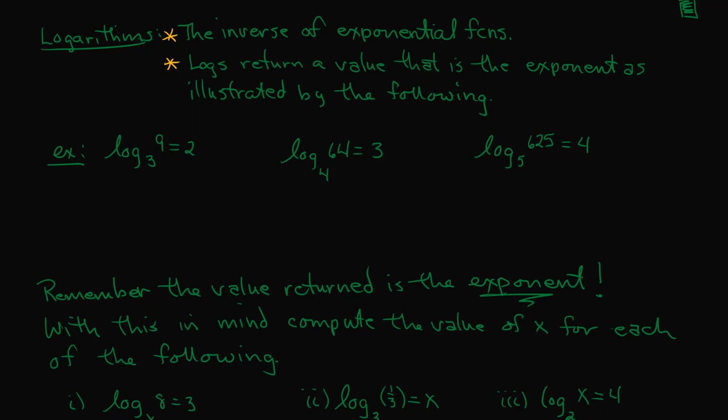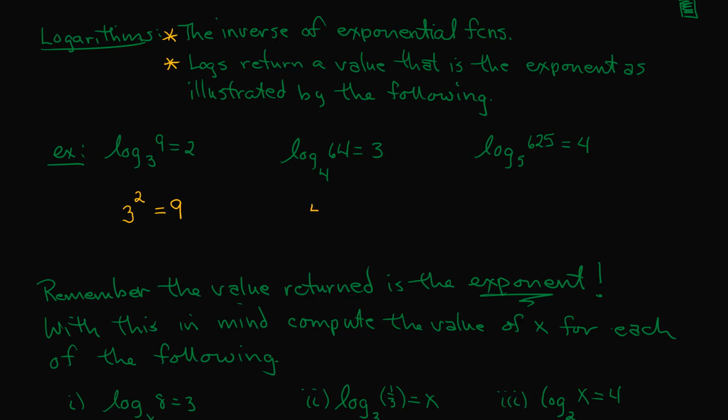To see how this works, let's take a look at the three examples provided here. If we take the log base 3 of 9, that's equal to 2. This is the same thing as saying our base of 3 raised to the second power gives us our value of 9. Notice here the 2 actually is the exponent. In the second example, we have the log base 4 of 64 equals 3.